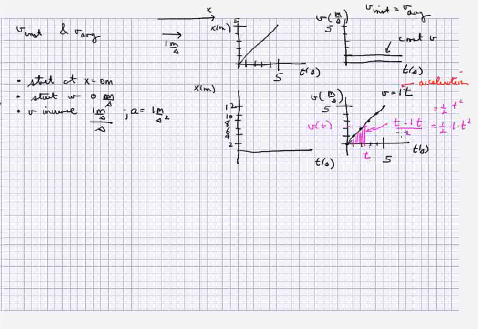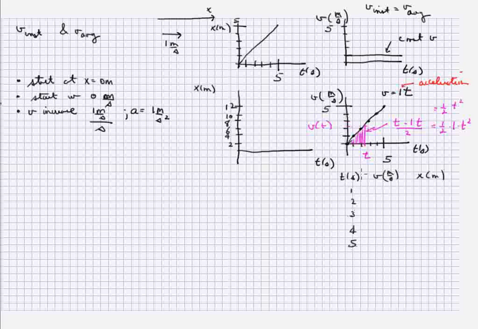So using this now, I can make a table of t versus both v and x, and so let me do that here. So this is time, and here's my velocity, meters per second, and here's my position, meters. And so let's go from 1, 2, 3, 4, 5.